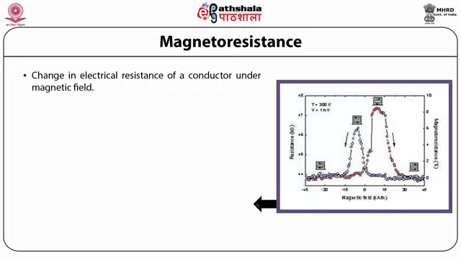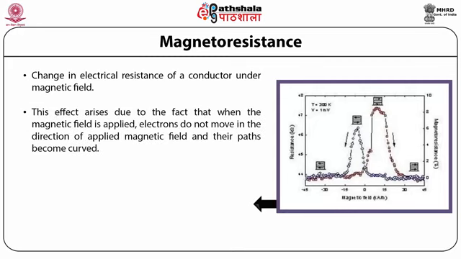So basically magnetoresistance is a phenomenon where electrical resistance is linked with the magnetic field in which the material is placed. This effect arises due to the fact that when a magnetic field is applied, electrons do not move in a straight line and their path becomes curved.